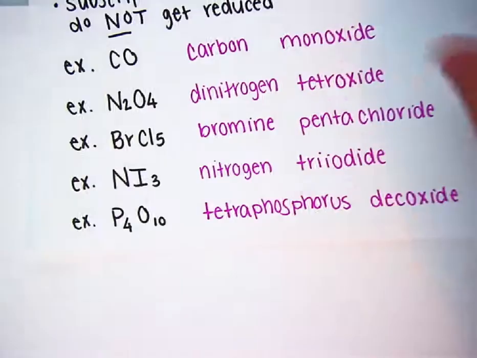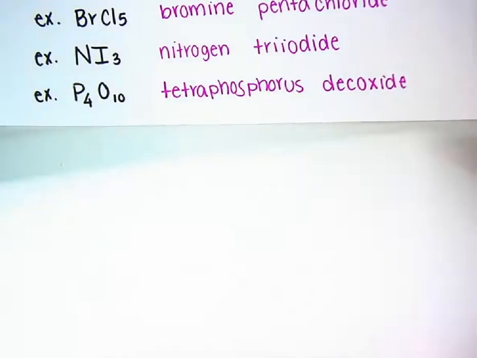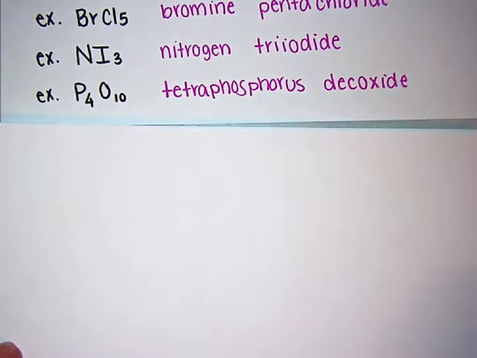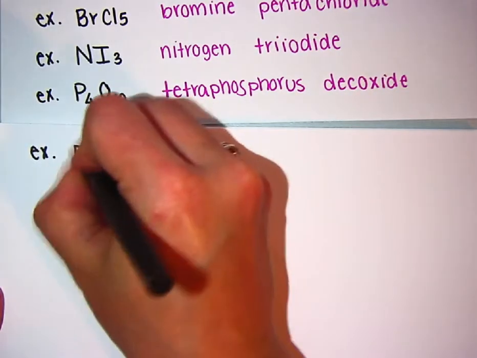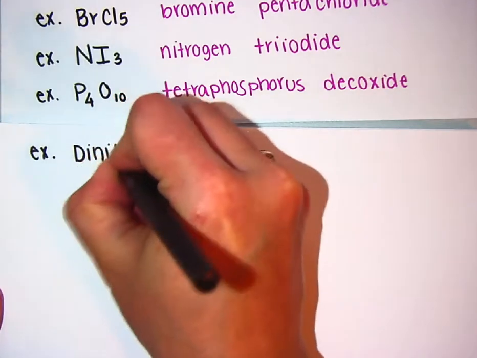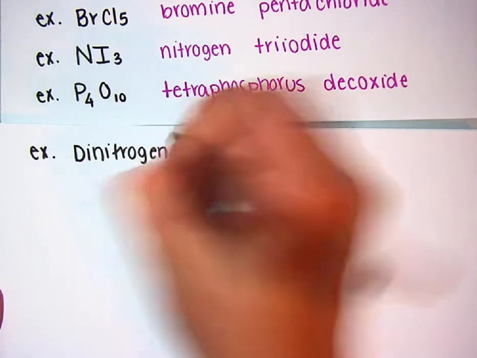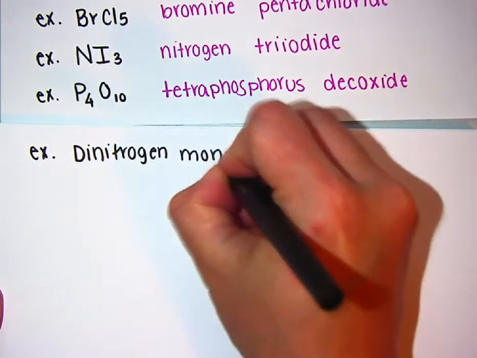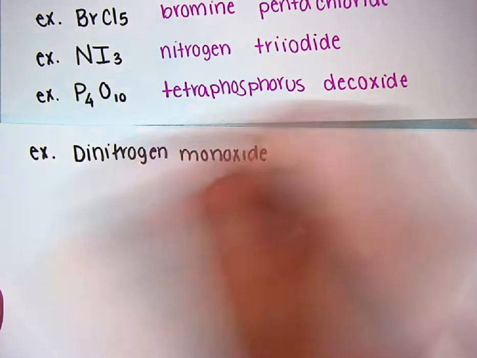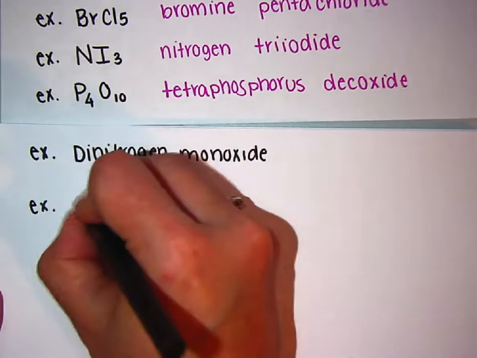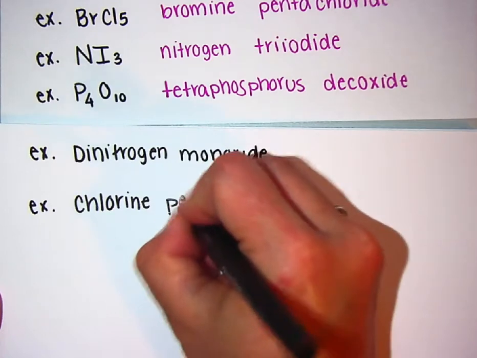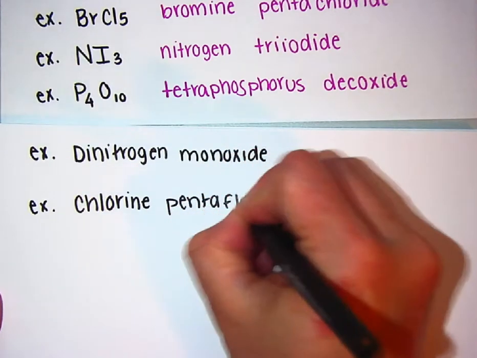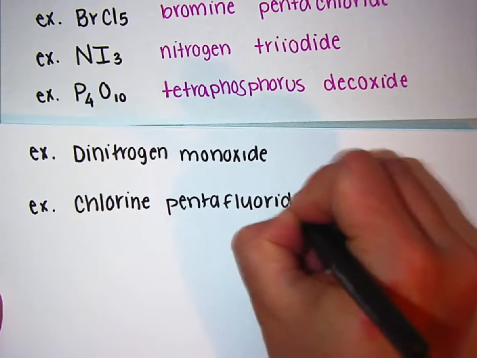Lastly, let's go the other way. So if I give you the name, can you write the formula? These ones should be much easier than ionic. First one, dinitrogen monoxide. Number 2, let's do chlorine pentafluoride.